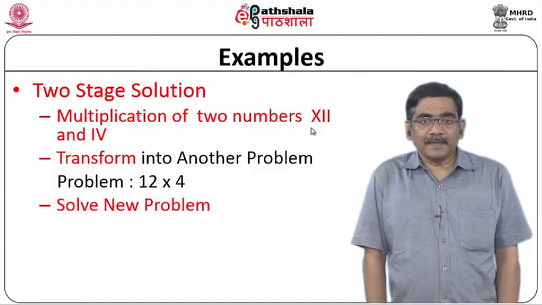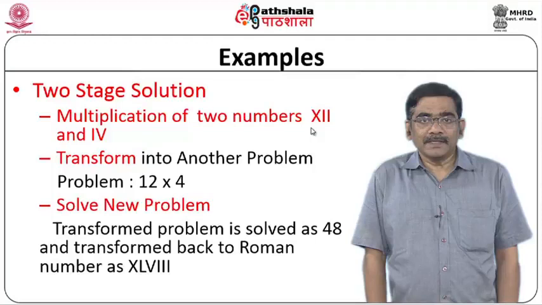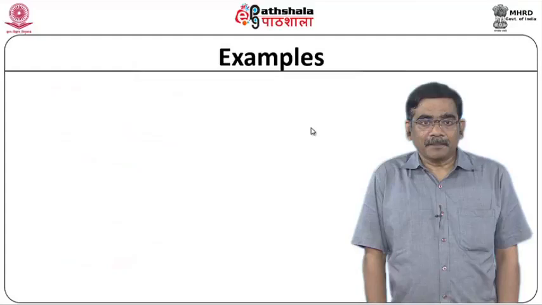Now, we can multiply, and once the multiplication is done, we can convert that back into the original domain. This kind of paradigm is what we call the transform and conquer paradigm.